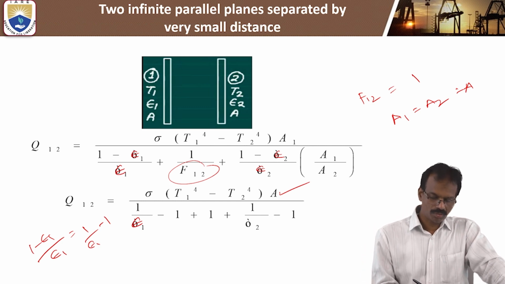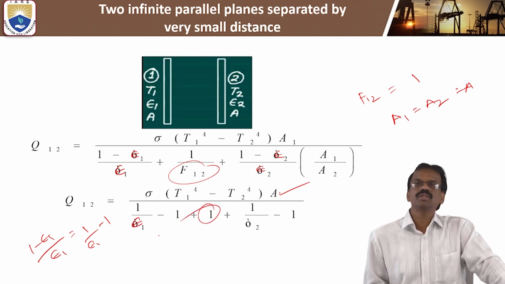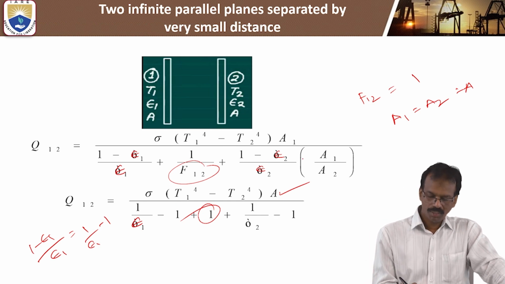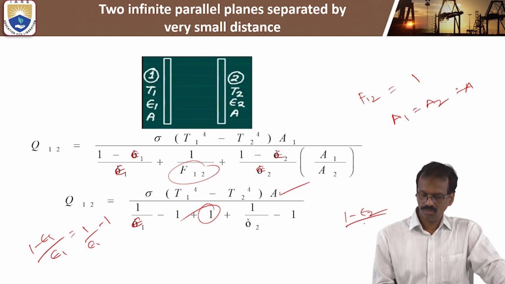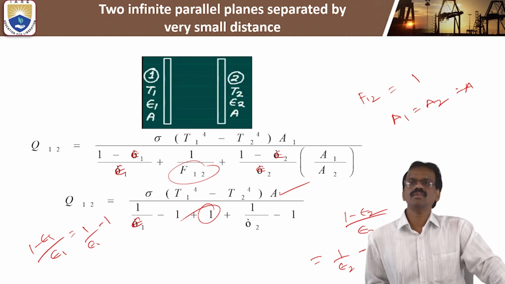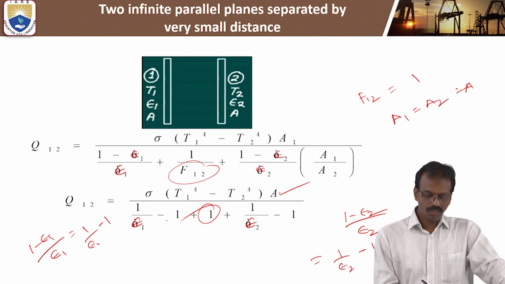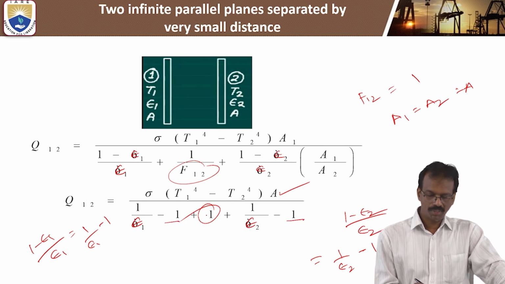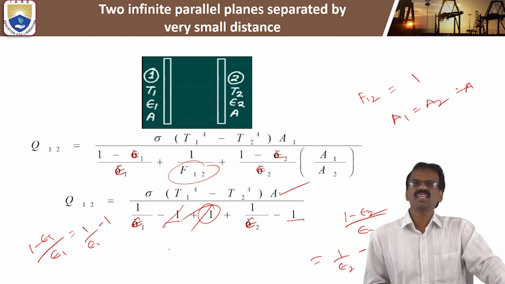F12 value is equal to 1, so you can substitute the value plus 1. Similarly, (1 minus epsilon 2) by epsilon 2 means 1 by epsilon 2 minus 1. Here minus 1, here also minus 1 plus 1, so minus 1 plus 1 will be cancelled.